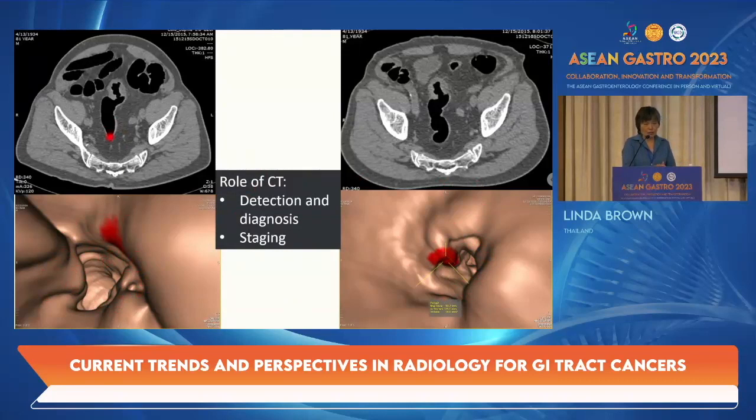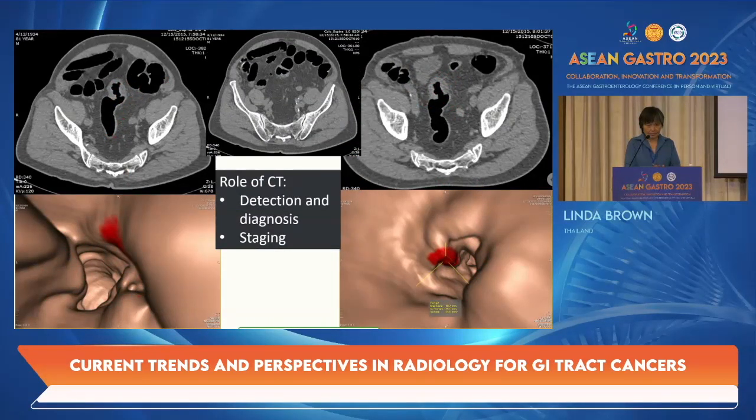And on 2D view, there is right here a circumferential mass involving the rectosigmoid colon. There is a node positive here. Here, node positive. So based on CT colonography that we use for screening or early detection, now we can diagnose because it looks like cancer.